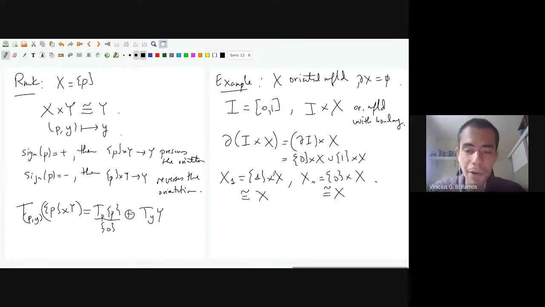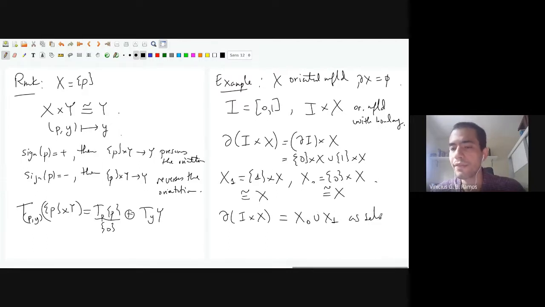So the question now is, what about the orientation of these as being part of the boundary of I times X? I know that the boundary of I times X as a set is X0 union X1. But what about the orientation induced by the boundary?